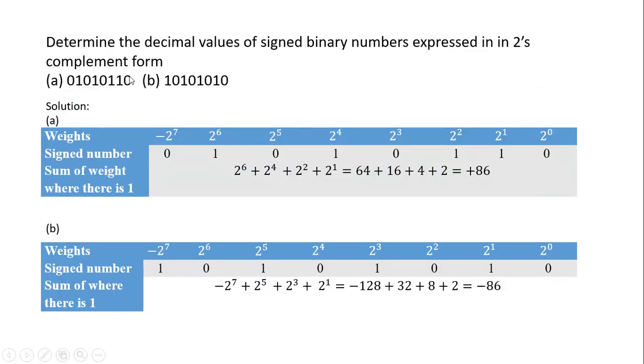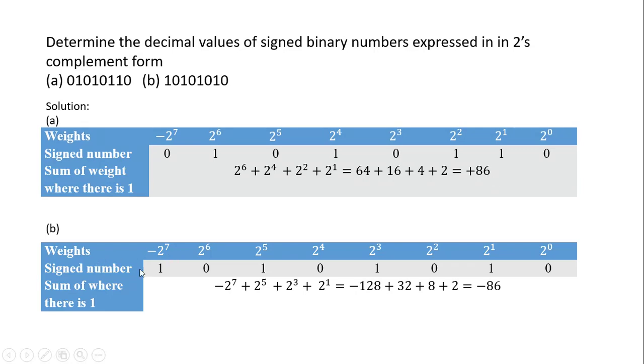In two's complement form, how to compute the decimal values. In this example, again we have two numbers. The weights are given. This is the sign bit; this is a positive number, and this is a negative number because the sign bit is 1. So the weight of the sign bit is negative. The sum of weights where there is 1 is equal to plus 86.